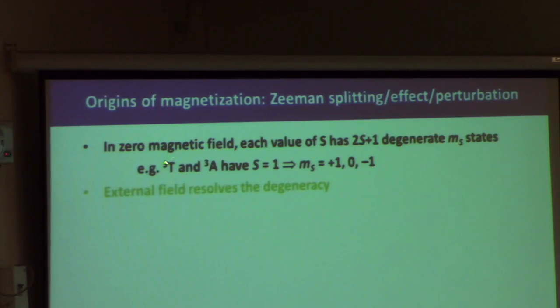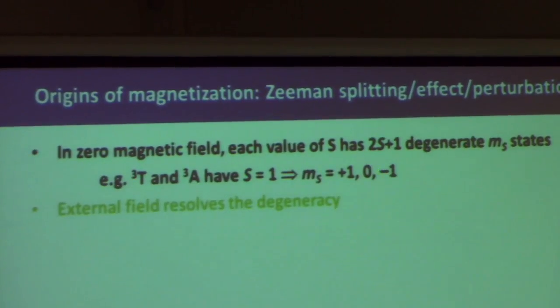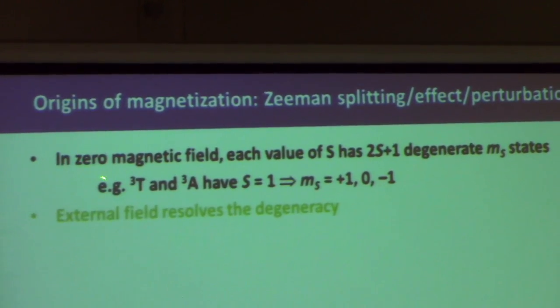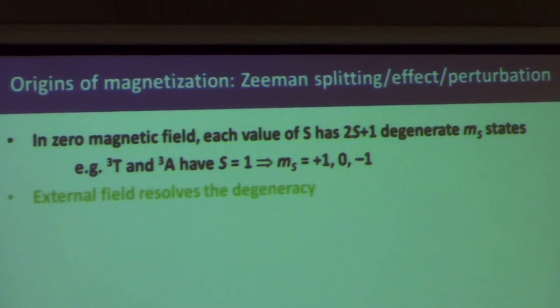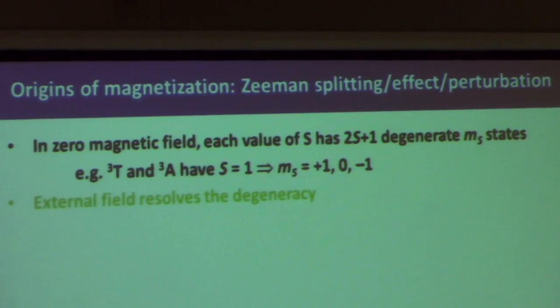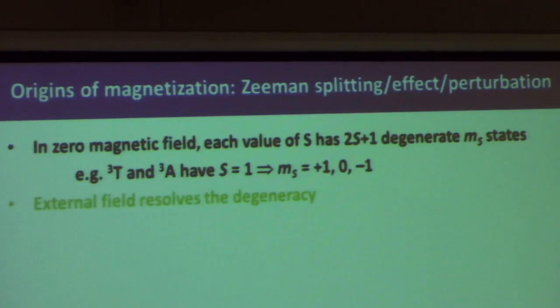So if you take a triplet T term or a triplet A term like this, they both have two unpaired electrons, which means there are 3 allowed values of ms, plus 1, minus 1 and 0. In the absence of a magnetic field, those 3 states are degenerate. Okay, their orientation is not affected by the environment per se, but if you place them in an external magnetic field, this is what resolves the degeneracy.